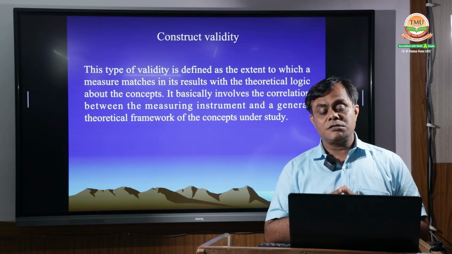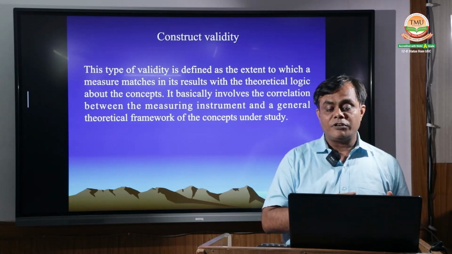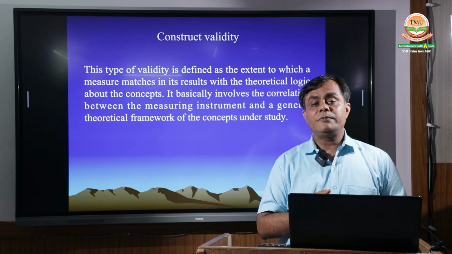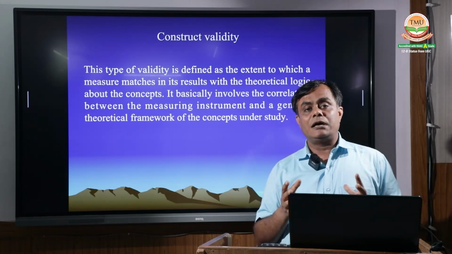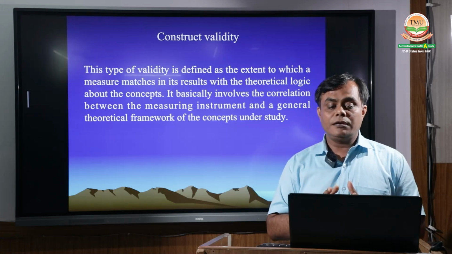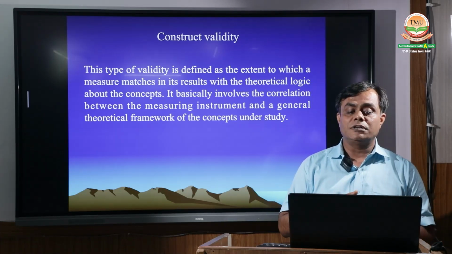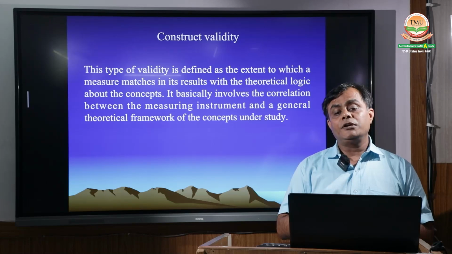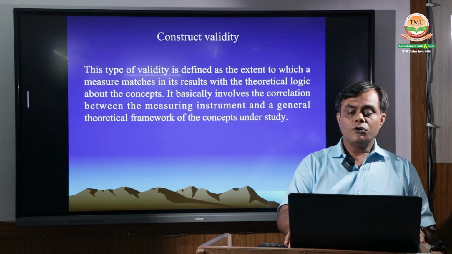So whatever concept you are going to study, the measurement instrument and the framework should have a correlation. Then we can say that we have construct validity.